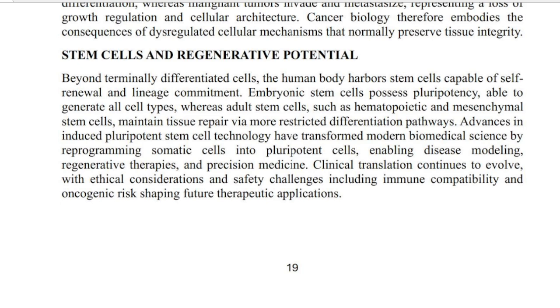Advances in induced pluripotent stem cell technology have transformed modern biomedical science by reprogramming somatic cells into pluripotent cells, enabling disease modeling, regenerative therapies, and precision medicine. Clinical translation continues to evolve, with ethical considerations and safety challenges including immune compatibility and oncogenic risk shaping future therapeutic applications.